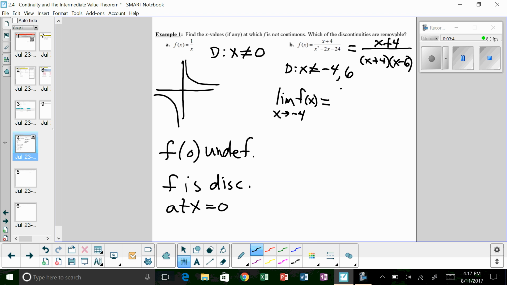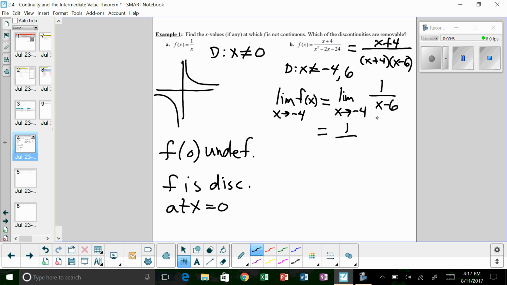So that limit is equal to the limit as x approaches negative 4 of 1 over just x minus 6. In this case, this limit can now be evaluated using direct substitution.